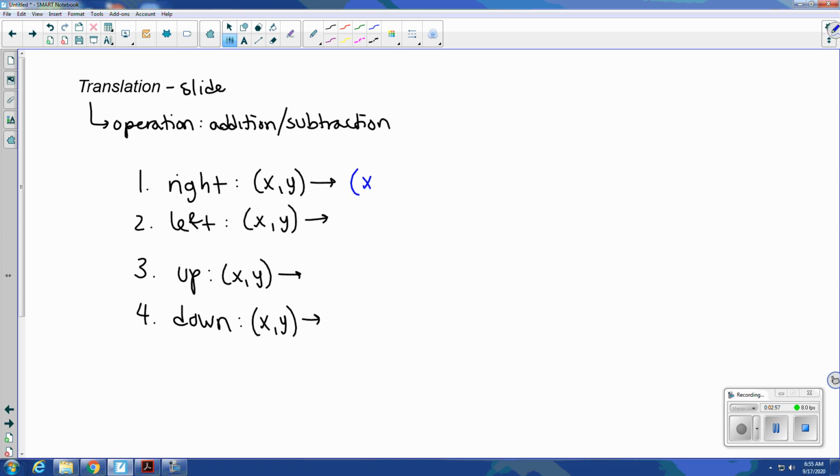We want to move right, which on the coordinate plane is in the positive direction on our x-axis. So we add a value to the x, whatever the desired amount of space we're trying to move is. We don't have to alter the y coordinate, because again, we're only moving horizontally. So because there's no vertical movement, there's no application to the y. Now, I have some number k there. Let's define what k is. We're going to call k some positive real number.